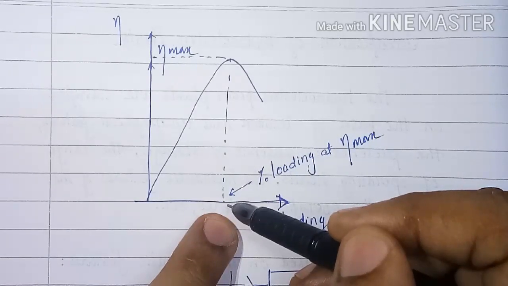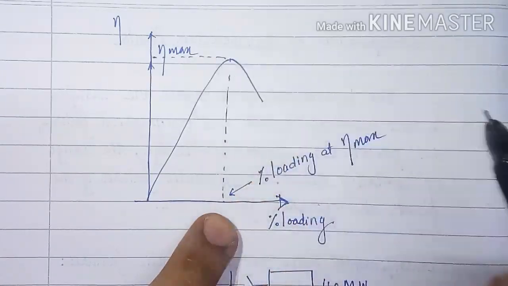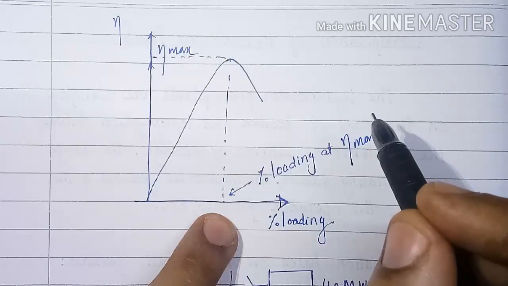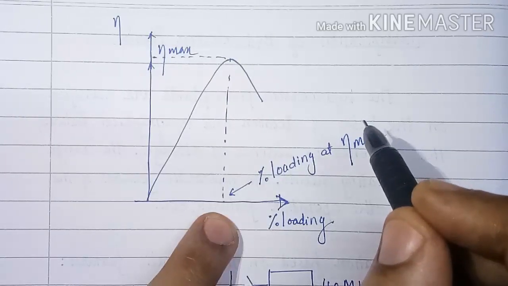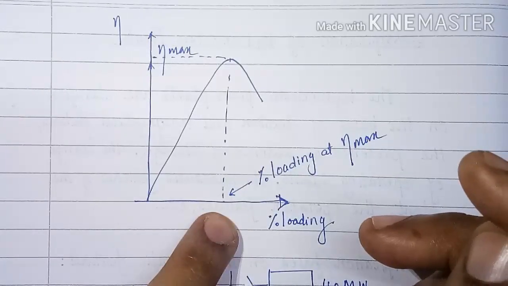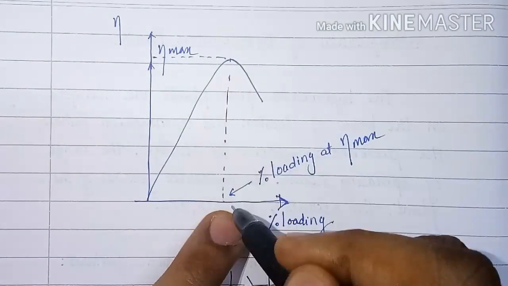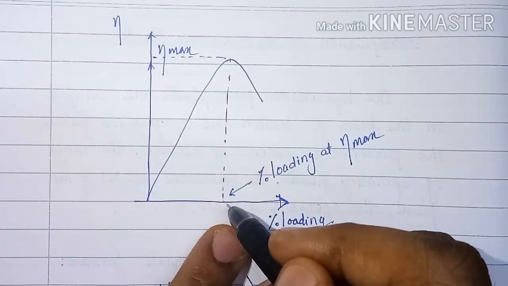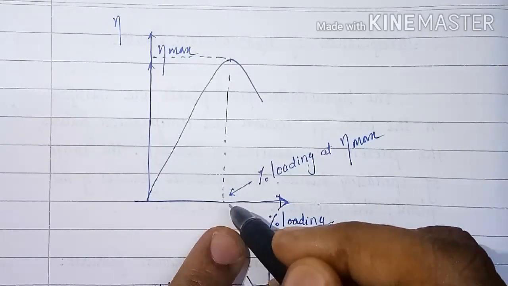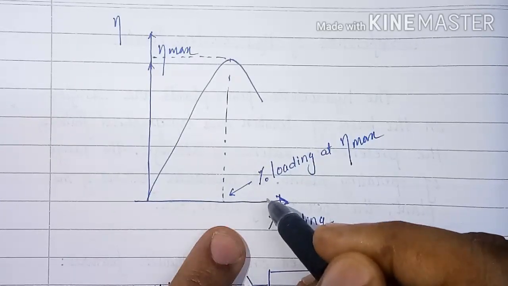There is certain percentage of loading for which the efficiency is maximum. All electrical machines are designed to operate at certain percentage of loading for which efficiency is maximum. But you can see below that percentage loading efficiency is less, and above that percentage loading efficiency is less.